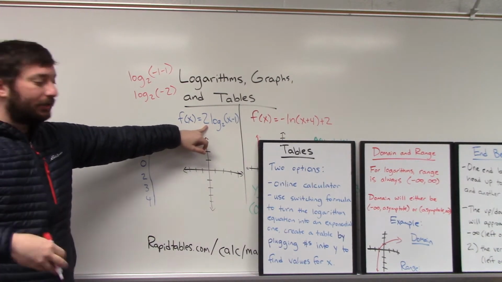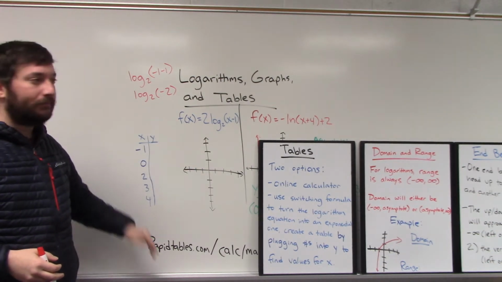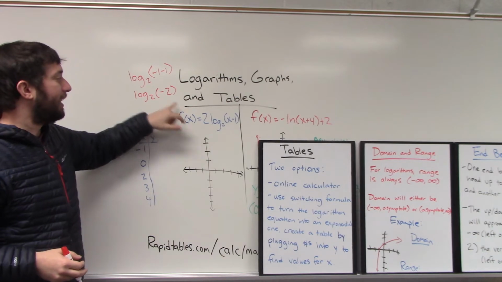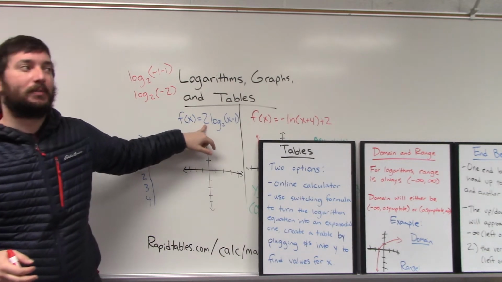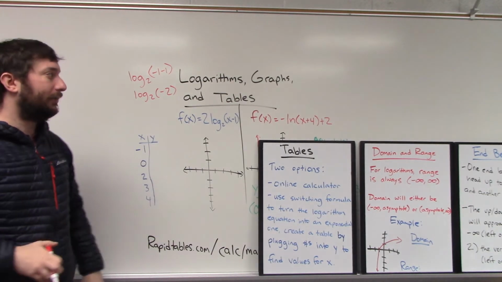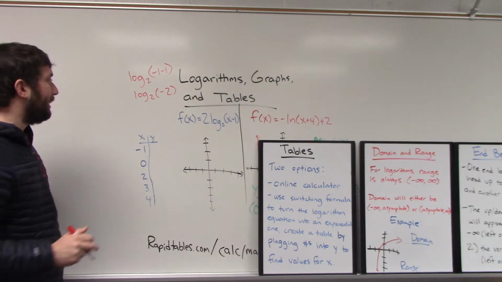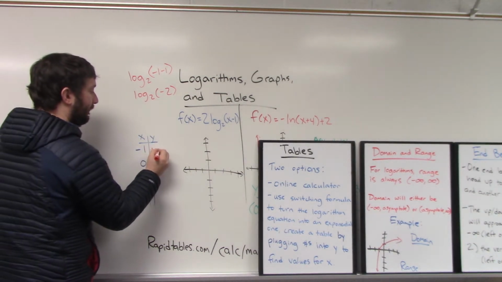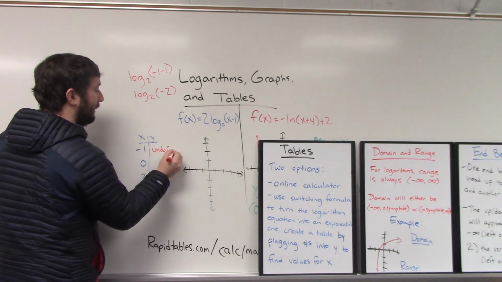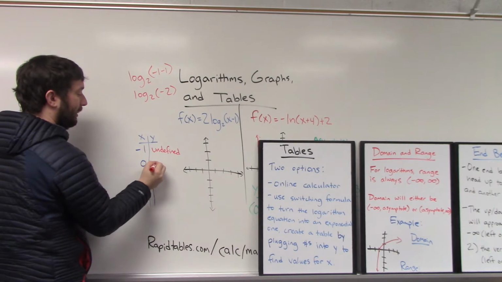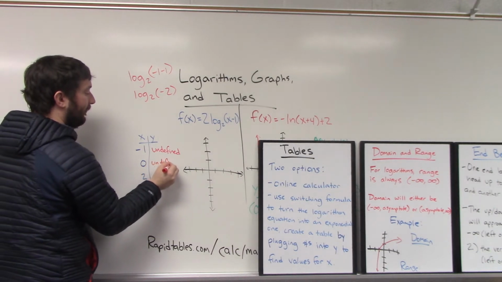The log calculator, this down here, only is able to calculate the logarithm, not anything outside like multiplying by 2. We will have to do that later, that's okay. If we do try to calculate this though, it ends up being undefined. In fact, if you try 0 as a value here as well, or 1, it will be undefined.